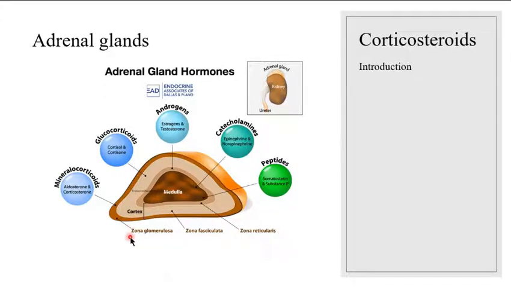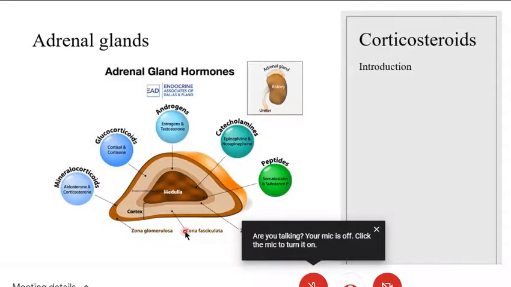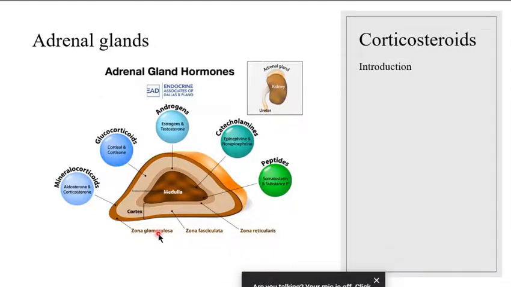The cortex can further be divided into zona glomerulosa that produces the mineralocorticoid known as aldosterone. Then you have zona fasciculata, just below zona glomerulosa, that produces your glucocorticoids, that is cortisol.